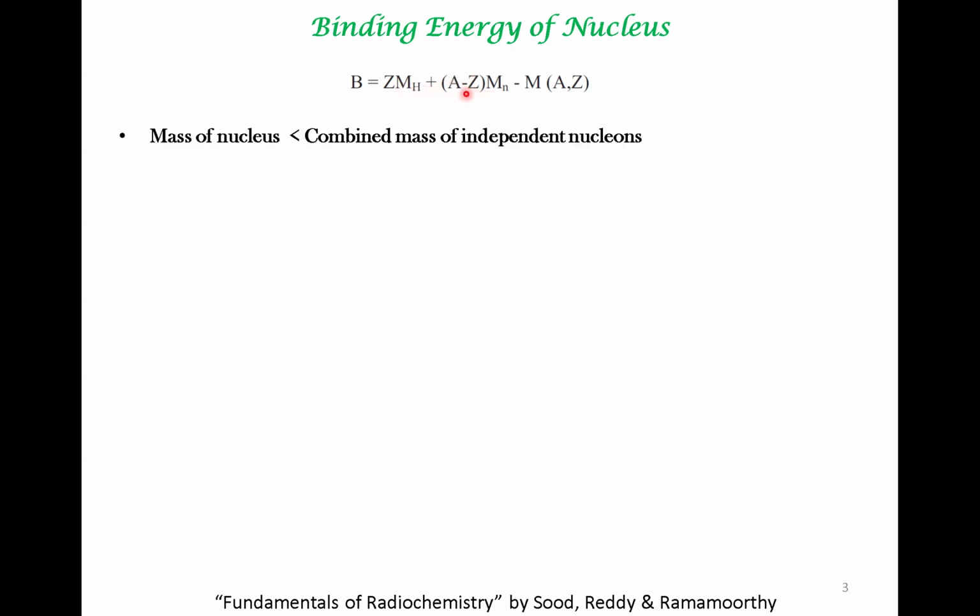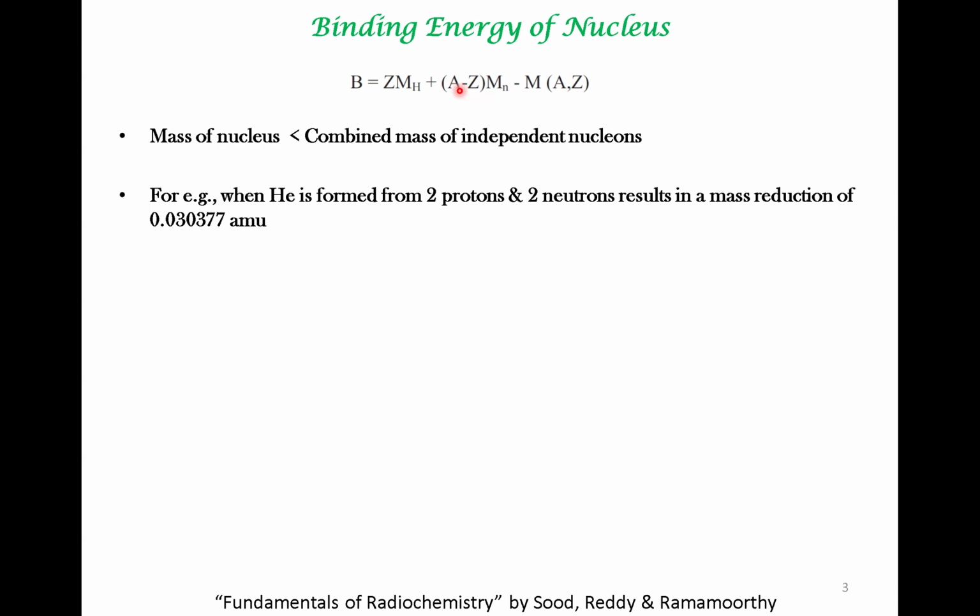When they are all separated, and you add up that mass, and then when all these nucleons are present inside the nucleus, the combined mass is lesser, and this reduction in mass is the reason for the binding energy of the nucleus. So when you reduce mass, things become more stable. Reduce energy, things become more stable. For example, when you have helium, you have 2 protons and 2 neutrons.